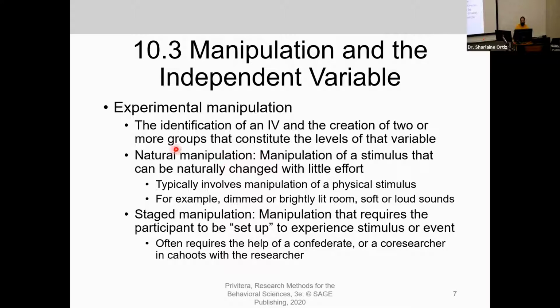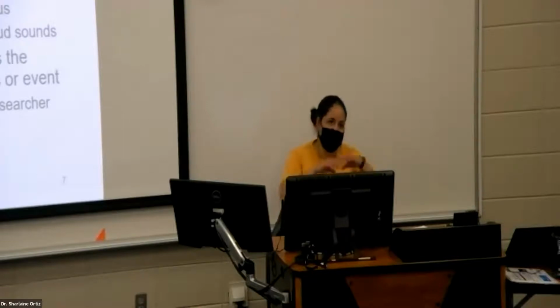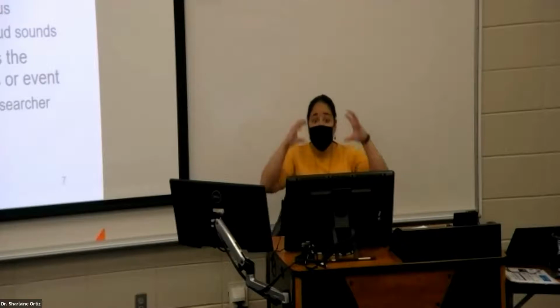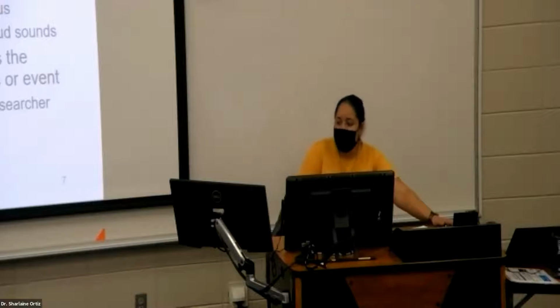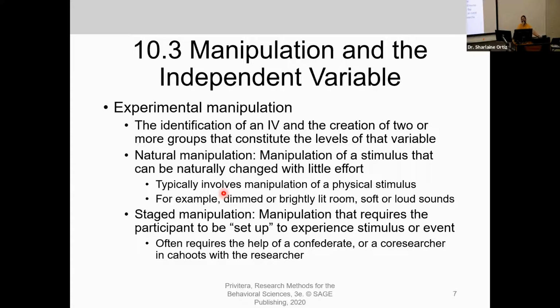Those groups are also referred to as the levels, right? And again, remember, if I have general outpatient, intensive outpatient, notice in that manipulation, I am creating my levels. Now, we do have different methods to do this, and we have covered this in the past, but as a quick refresher, notice that we can have a natural manipulation.